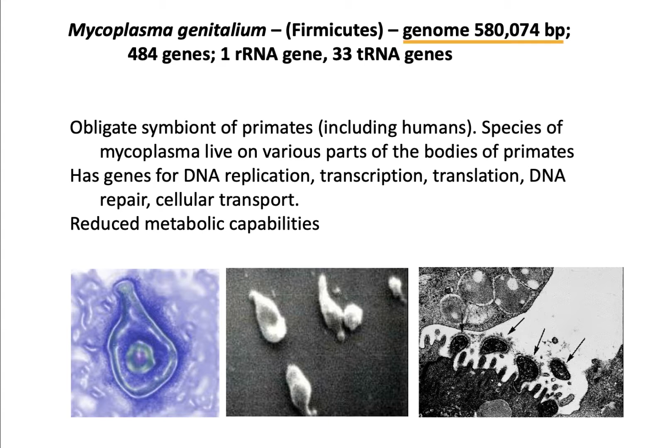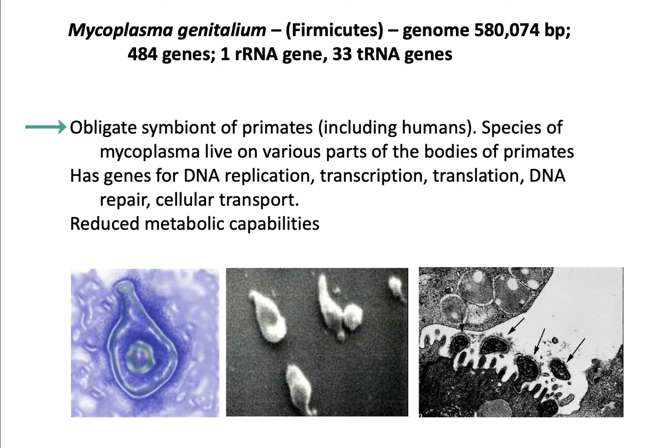Genome size is about 580,000 base pairs, 484 genes, 1 ribosomal RNA, and 33 tRNA. So just from the RNAs and the number of genes, you could probably look at this and decide that this is a parasite of some sort. So it's an obligate symbiont of primates.